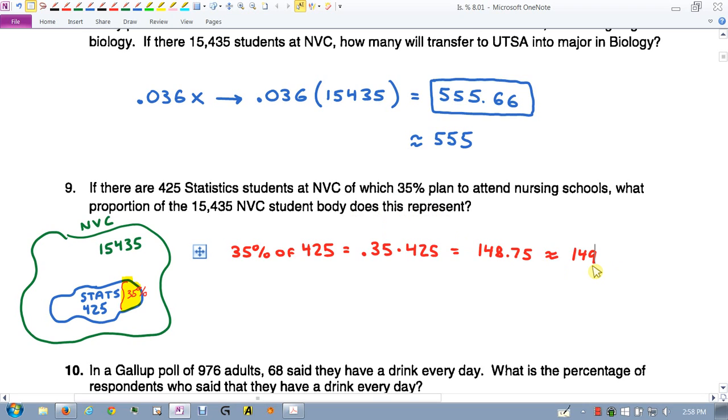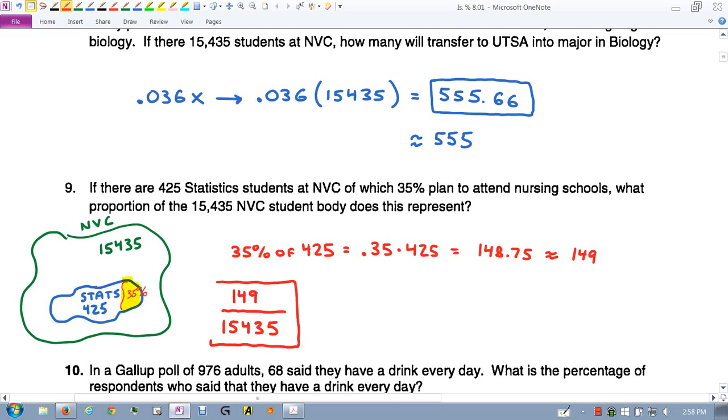There you go, 149. So what we want to know is this group in yellow, what proportion is that to the entire student body of NBC? So 149 over 15,435. Well, that's what I was going to ask you next. What proportion?